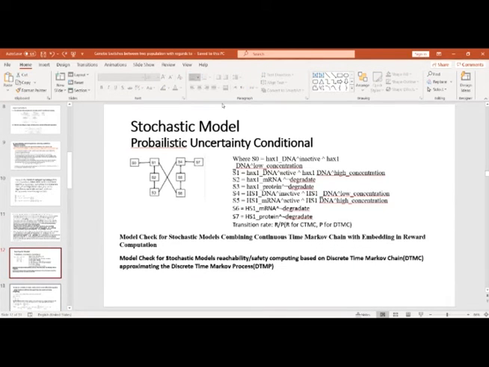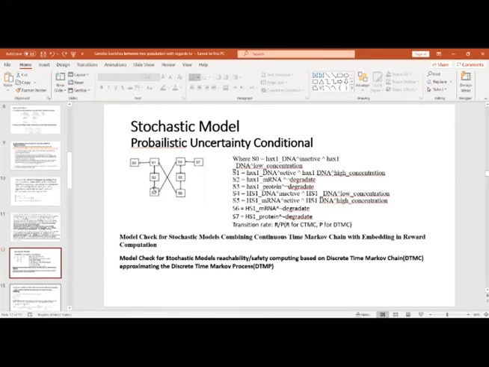Later we try to randomize with the stochastic model here, and this is the semantic probabilistic uncertainty conditional network.